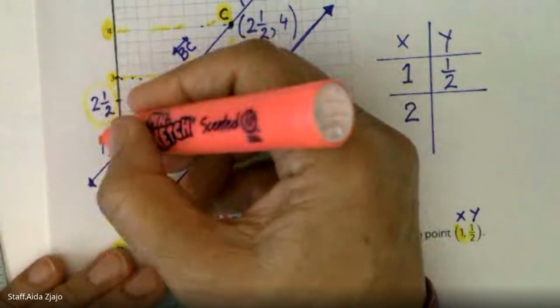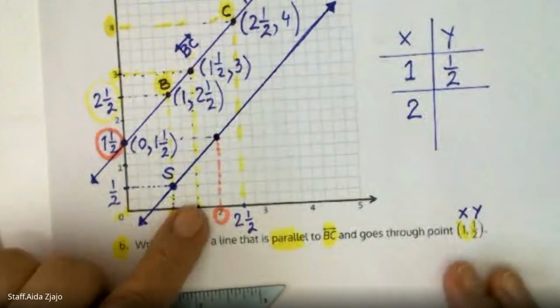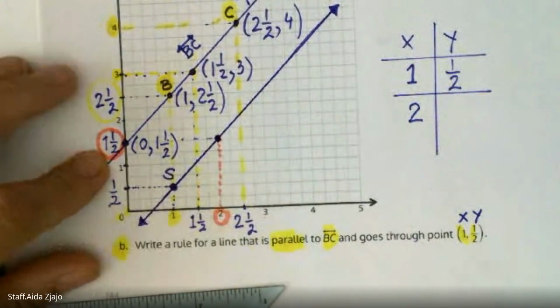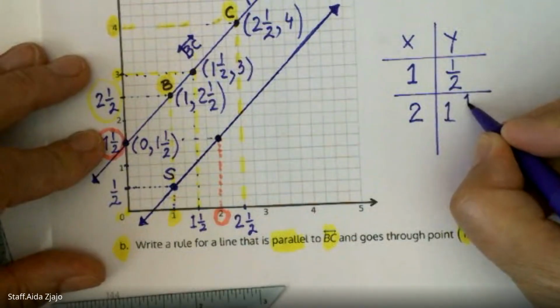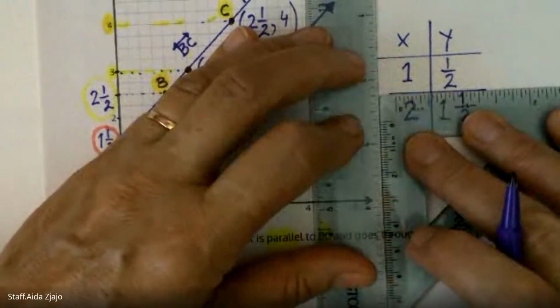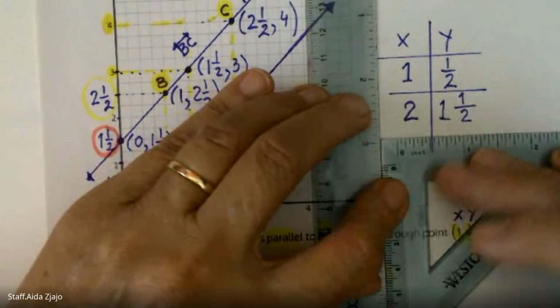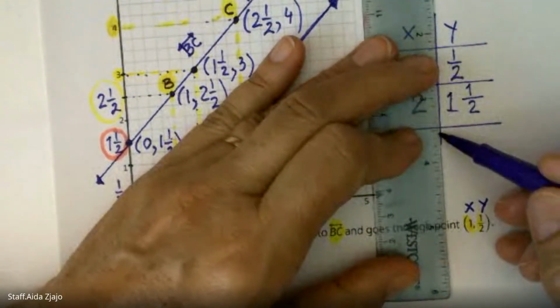So if x is 2, my y is 1.5, 1 and 1/2. Now I'm going to make one more, just in case I have my rule figured out.